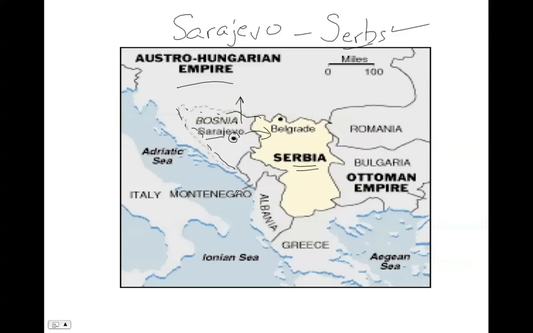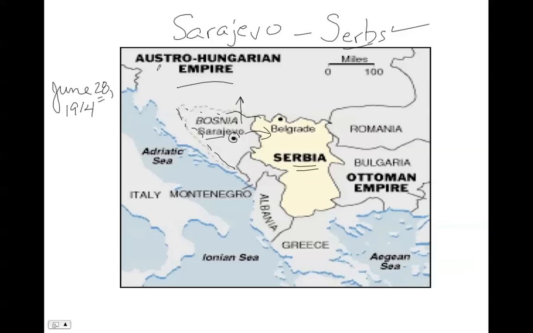Well, in June of 1914, I'm going to write this right here, but I want y'all to remember this. You don't have to remember the exact date, but I do want you to know June of 1914, the Archduke of Austria-Hungary, the heir to the Austrian throne.